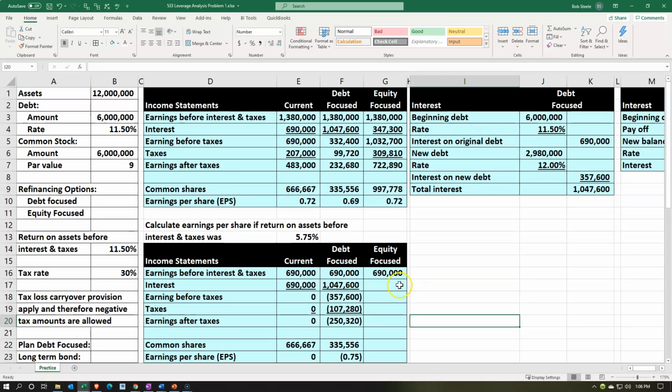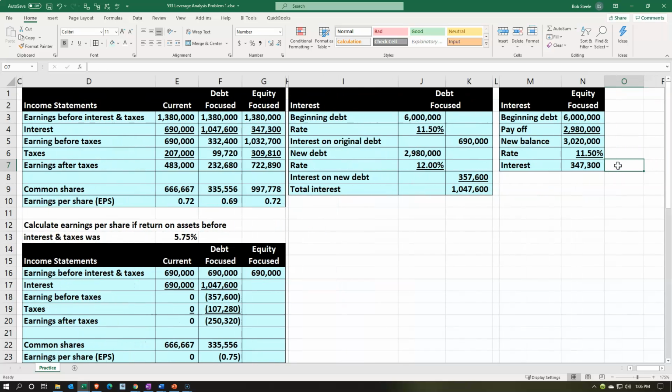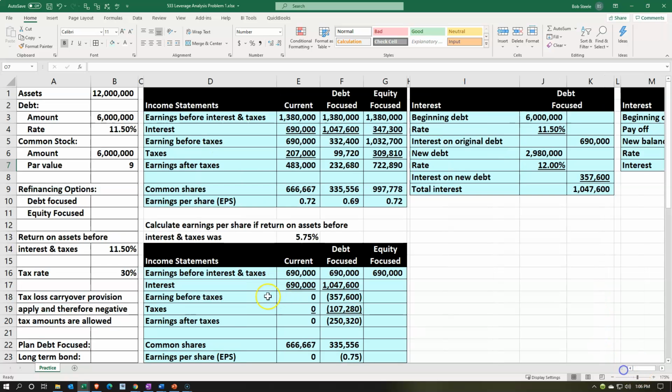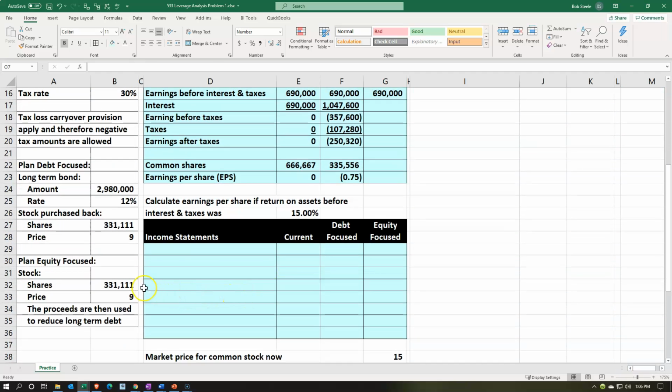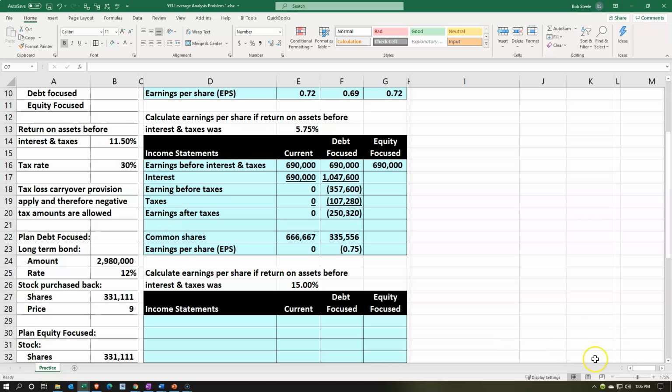Now let's look at the next scenario. So the next scenario, we're going to be saying that we have the interest. Same kind of thing that we saw in the prior problem. We had the beginning balance, then we paid off some of the debt because we issued stock for scenario 2, meaning we issued the 331 shares at the $9 that we issued them for.